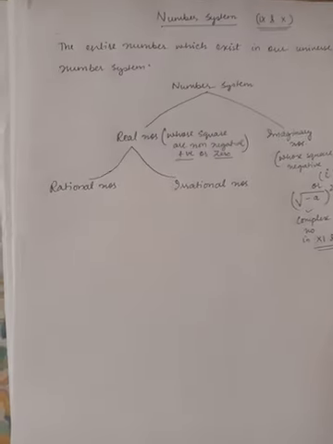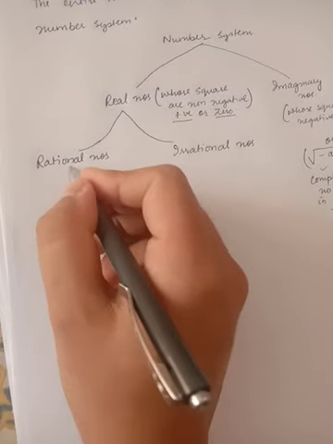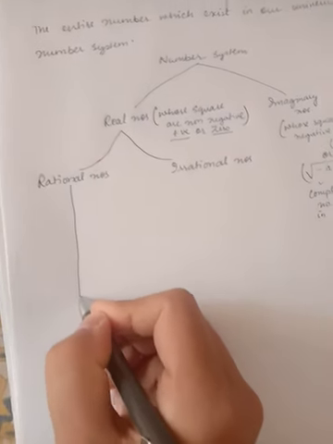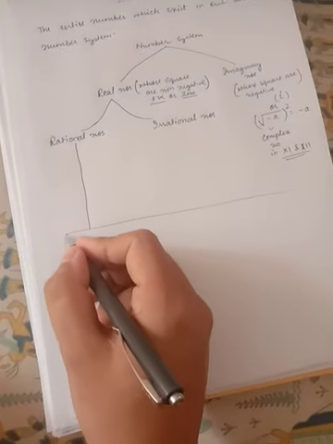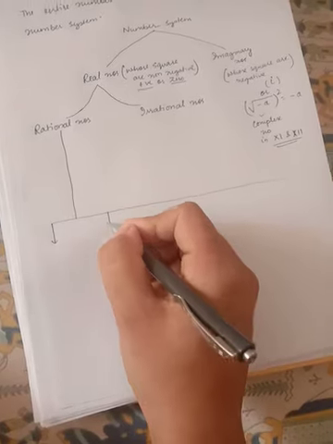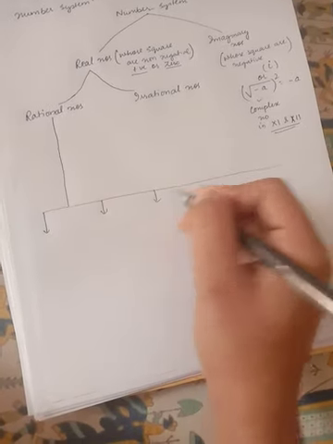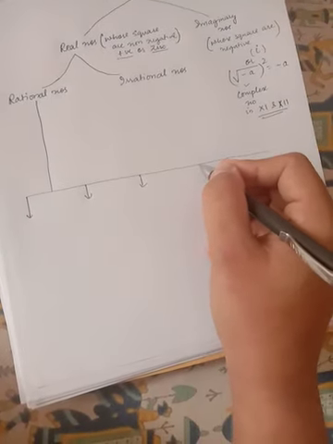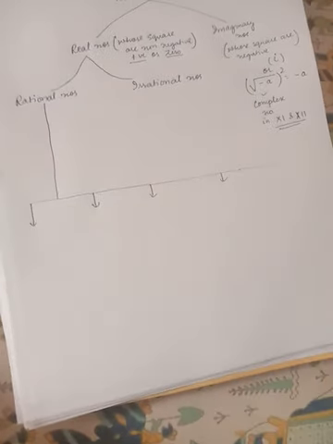So be clear and loud, the rational numbers have four major parts.